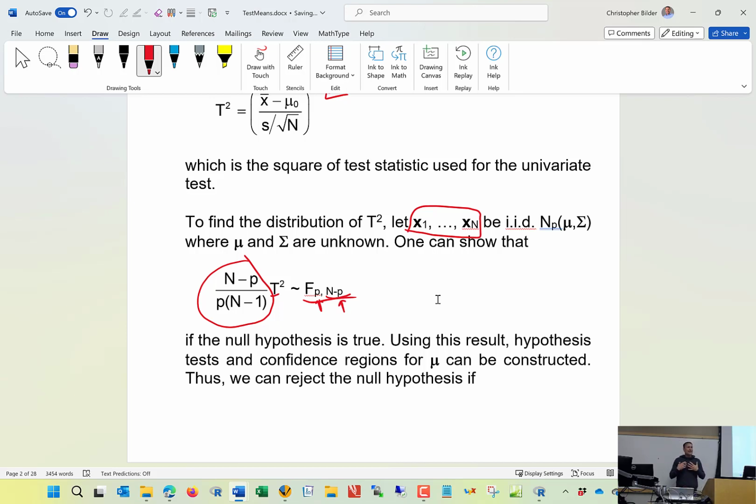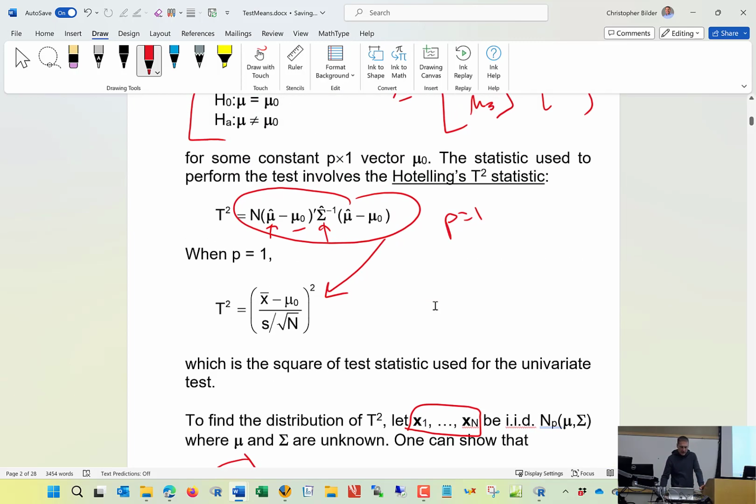This ends up being a right-tailed test only, and you can think of this from an intuitive standpoint. Essentially, by having this mu hat minus mu 0 there, a transpose of it, and the mu hat minus mu 0 there, we're essentially doing the equivalent of a square.